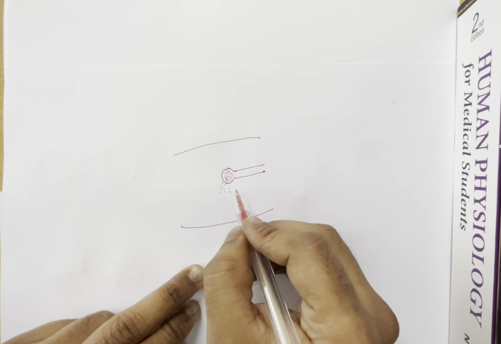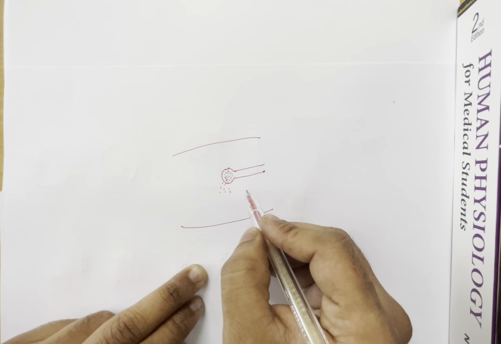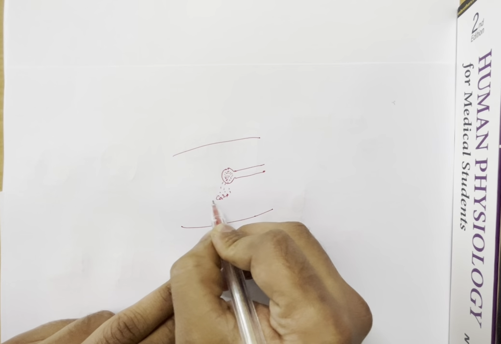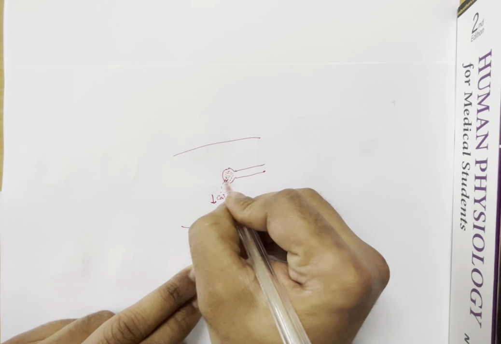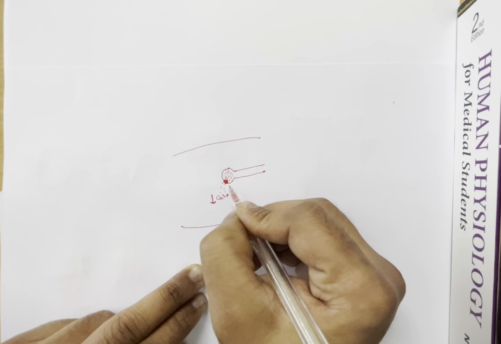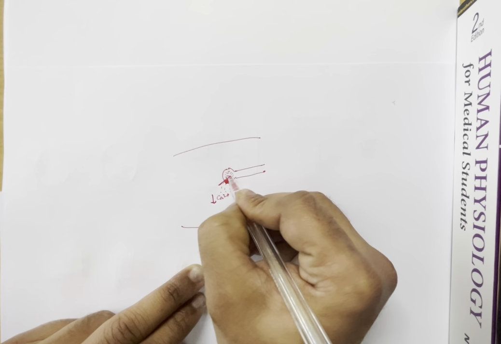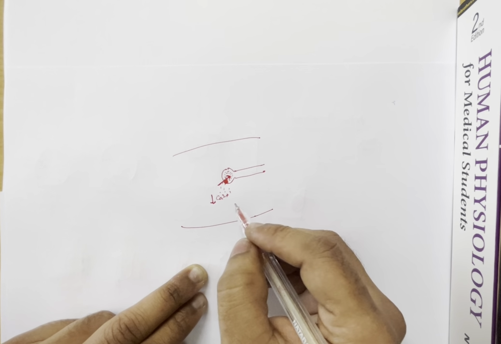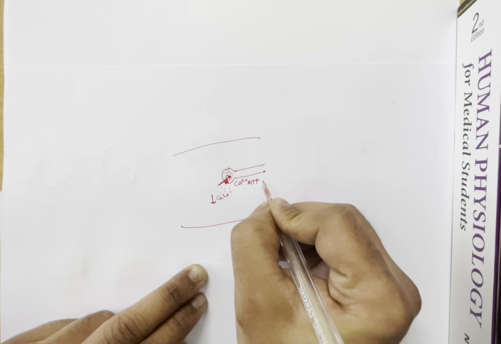Now at the end of the contraction of the skeletal muscle, the calcium ion concentration within the cytosol has to be reduced. How will this happen? Because of the presence of calcium ATPase pump. So the calcium ATPase pump will pump back the calcium into the sarcoplasmic reticulum.